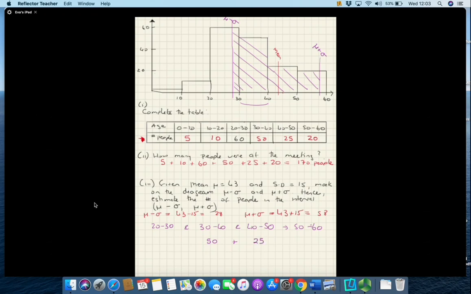Now I don't have the full 20 to 30 interval. In fact, I've only got 28. So the width of this bit here from 28 to 30 is just 2. So you can do 2 over 10 if you wish.